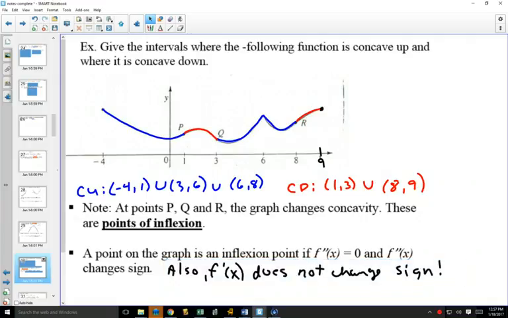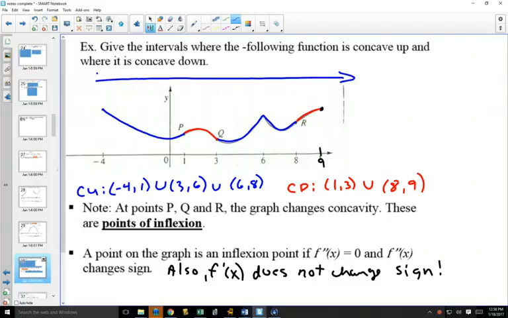So a point on a graph is an inflection point if the second derivative is equal to 0 and the second derivative changes sign. So what we're going to find on this one, later on we're going to have a number line for our second derivative.